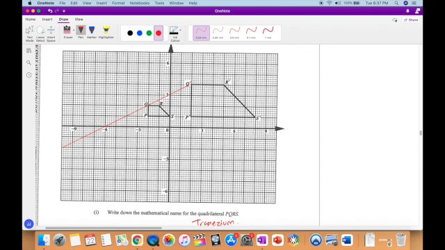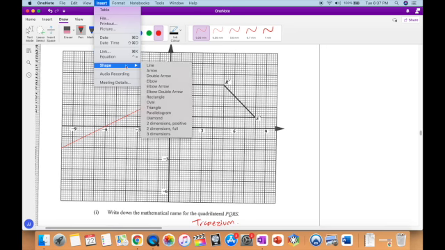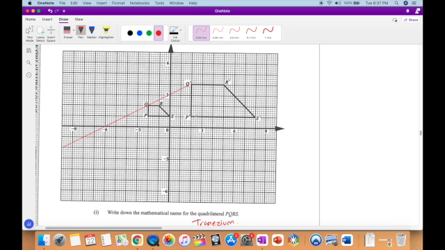And then I could insert, shape, line, right? And I could take the point P and extend it to touch the other point P and keep it going.